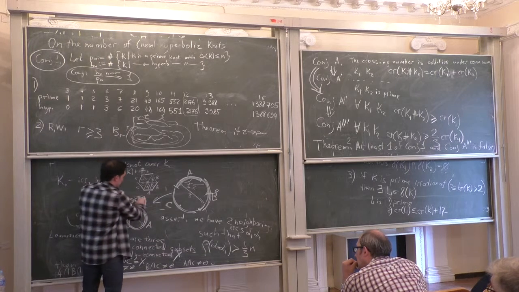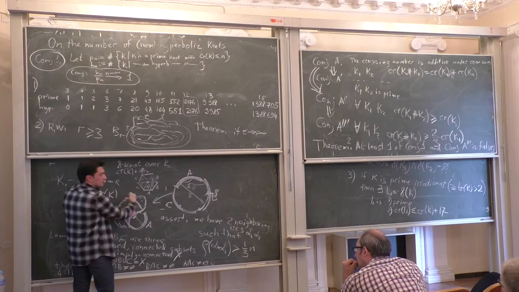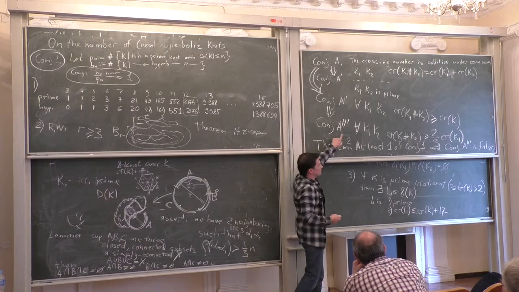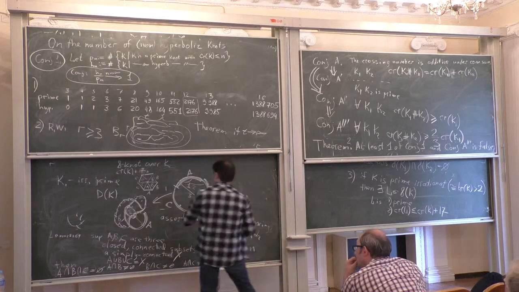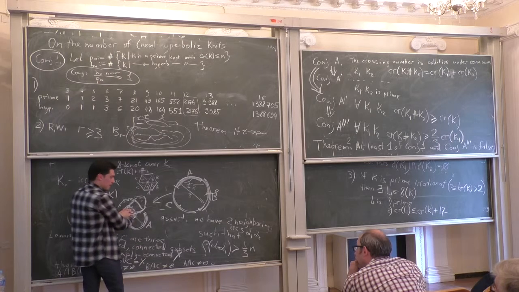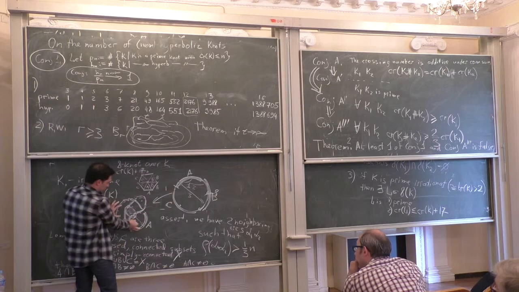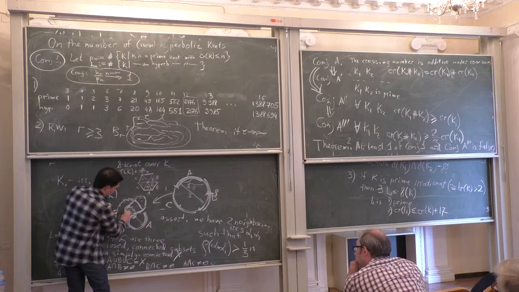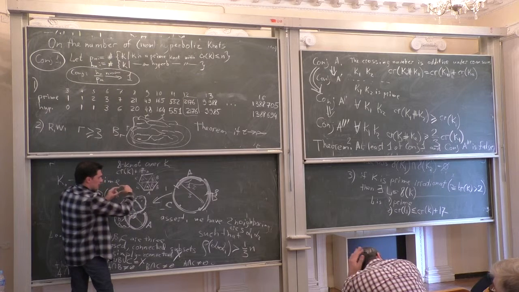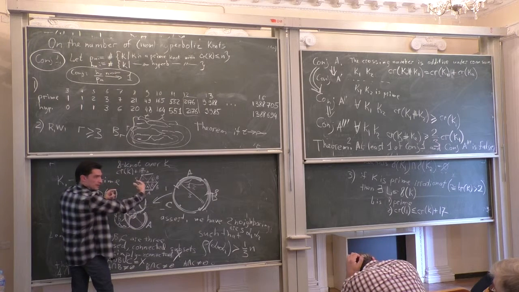And this complementary tangle, if this conjecture is true, should be prime. So we have this prime tangle, and inside we have a diagram of a doubled figure 8 tangle.